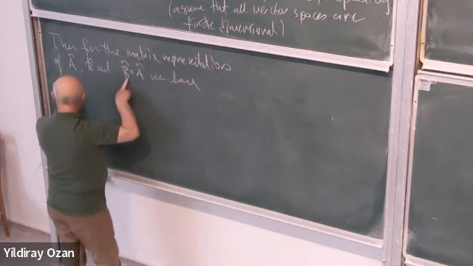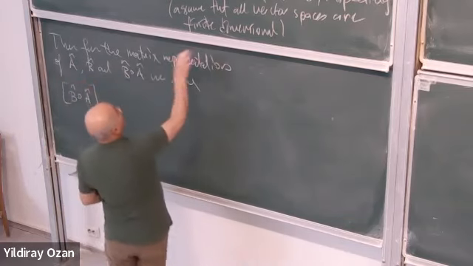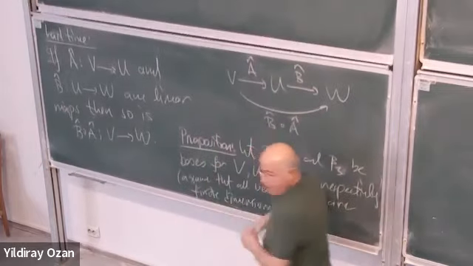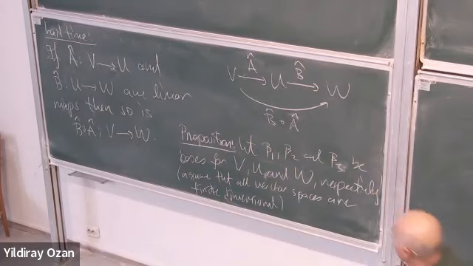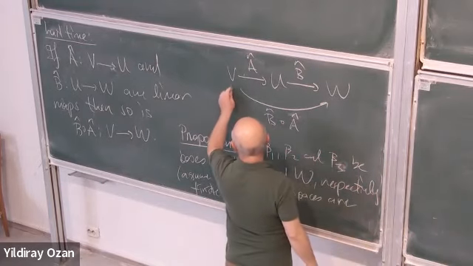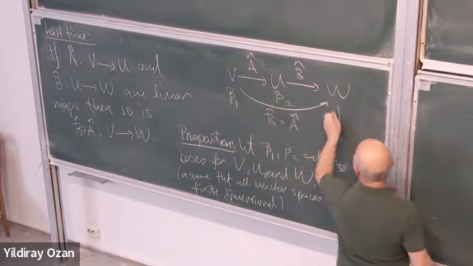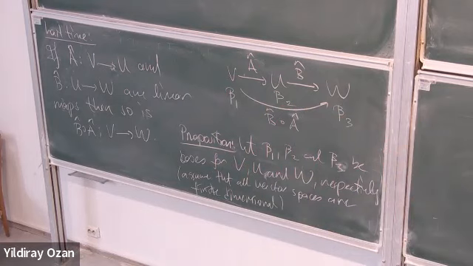The matrix representation of this composition, from which basis? Here I have the basis beta 1, here I have the basis beta 2, and here I have the basis beta 3 for these vector spaces.